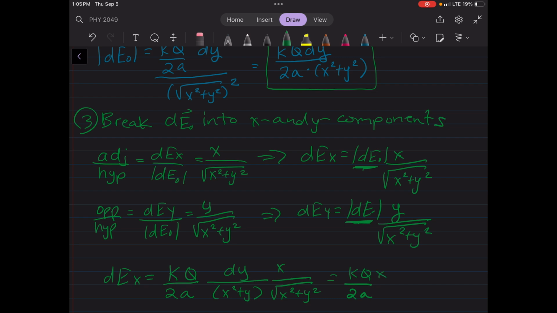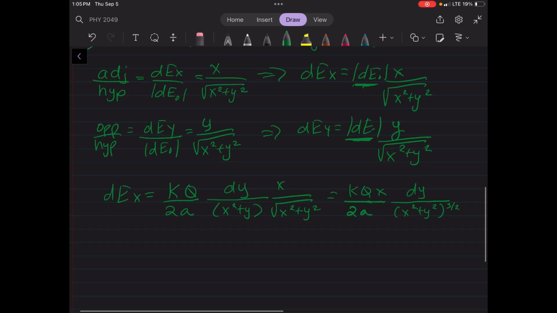Technically, x is a constant, because we're not integrating over x, so x is just a value. dy over x squared plus y squared to the 3/2. So that is the function that we're going to integrate.